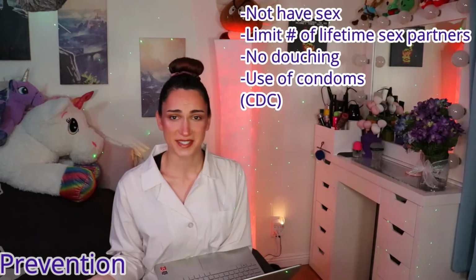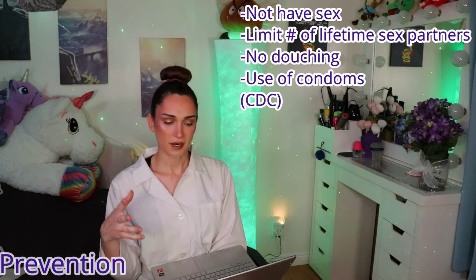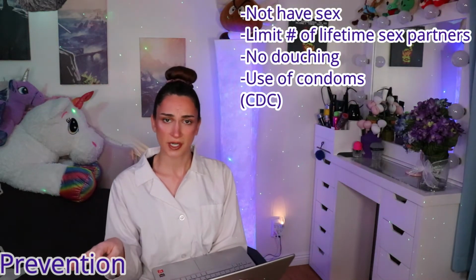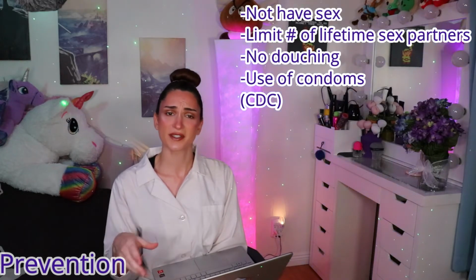Now, for prevention of bacterial vaginosis, it's actually pretty simple. Number 1, you can just not have sex in general, or you can start by limiting your number of lifetime sex partners, not douching, like using things like Summer's Eve.